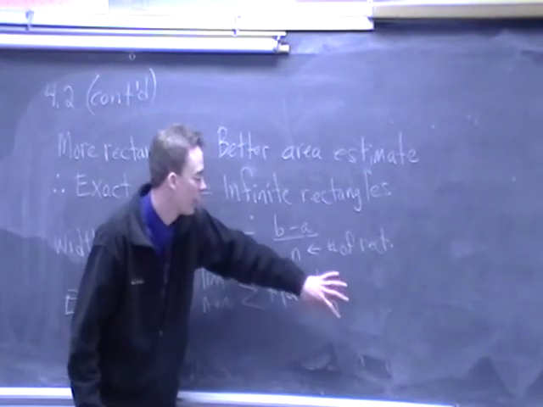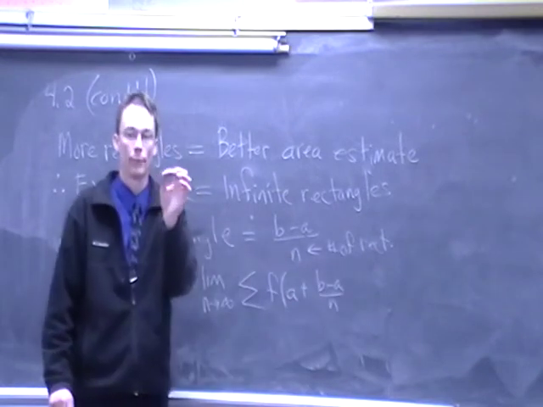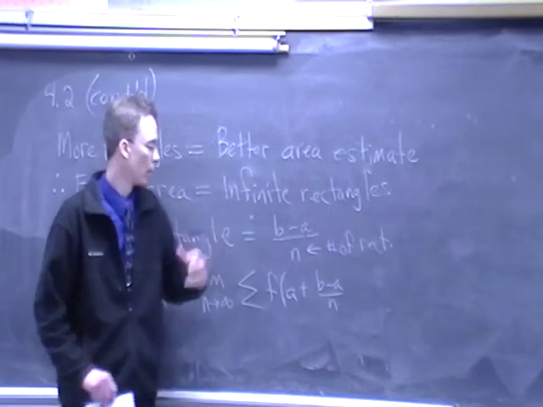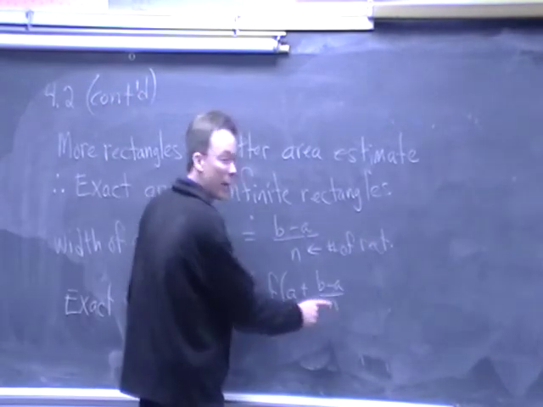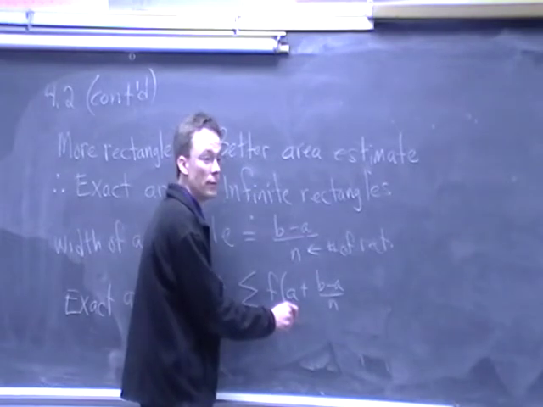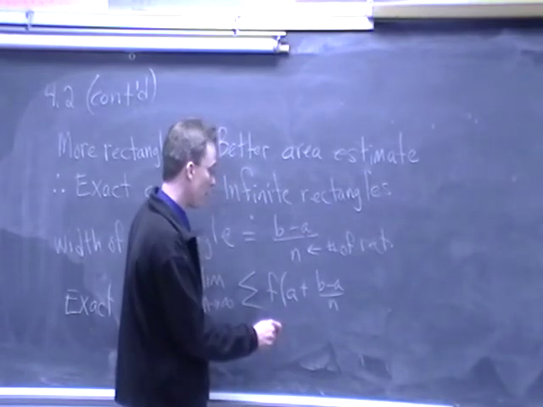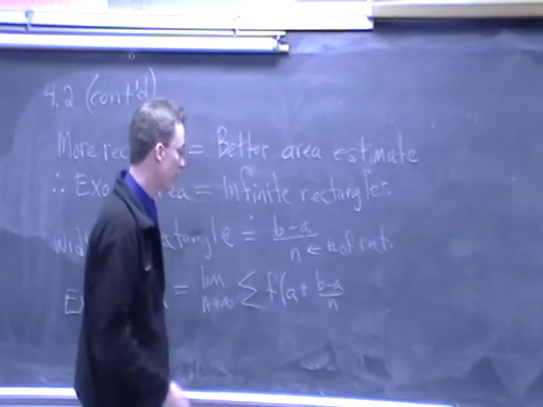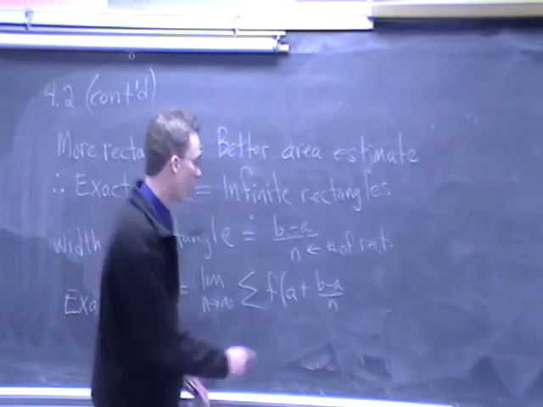So by adding on widths of a rectangle, you are finding all the x values that you want to evaluate. So in short, what do we want after the b minus a over n? We want to stop when we get to f of b, but we'll do that automatically if we keep adding these things on.